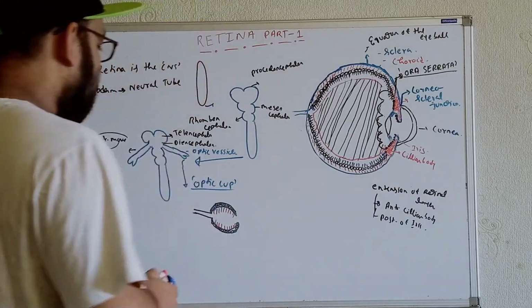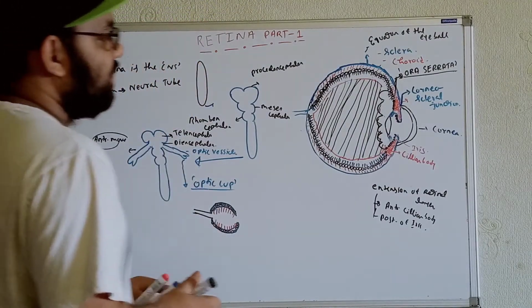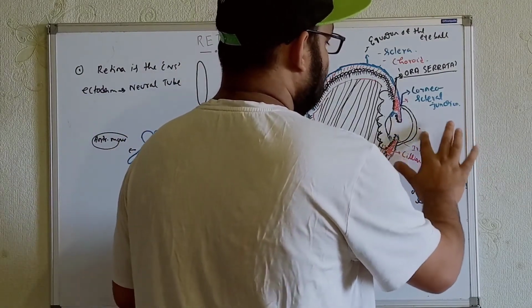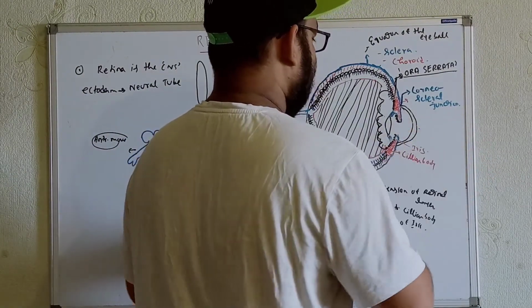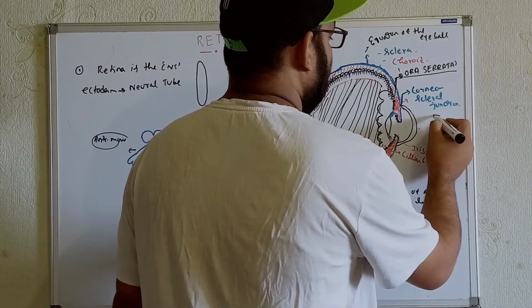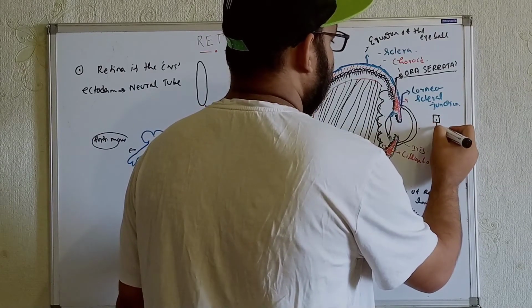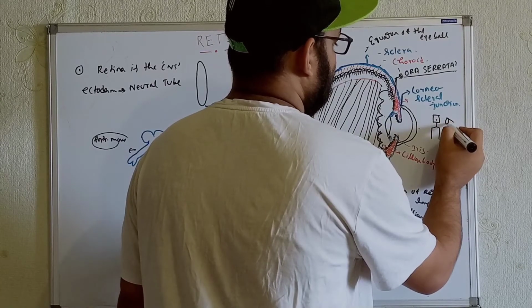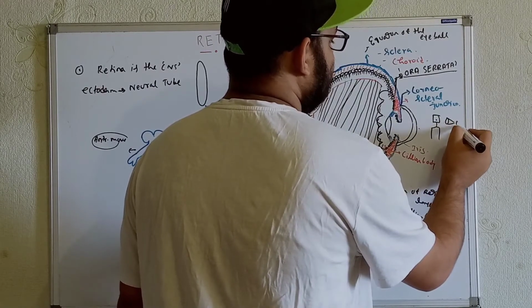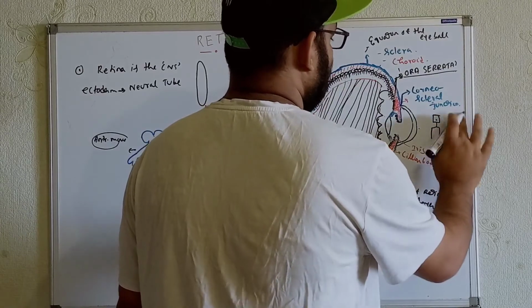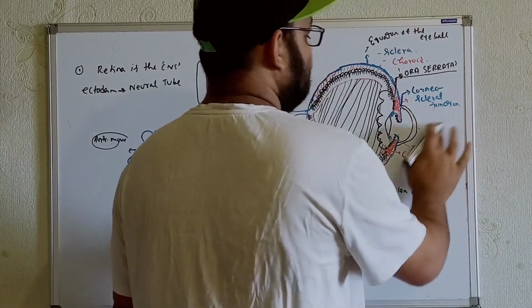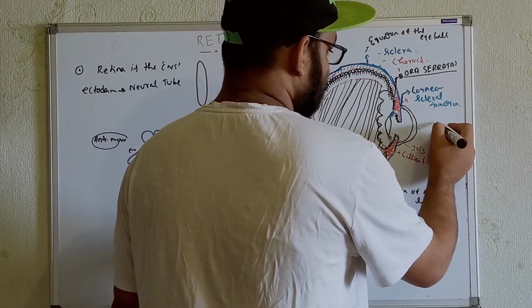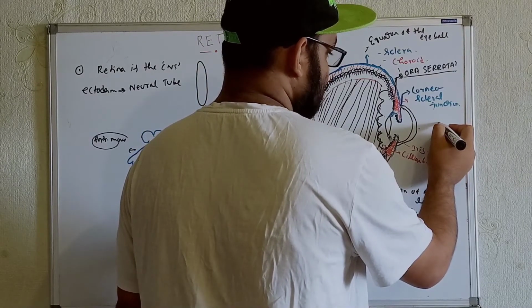For example, when an ophthalmologist is using the ophthalmoscope, whatever structures he can see through the ophthalmoscope, let's draw these portions over here.